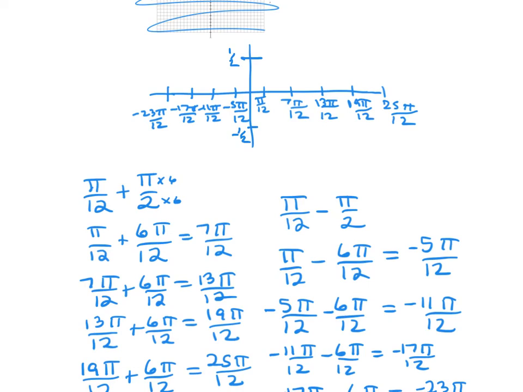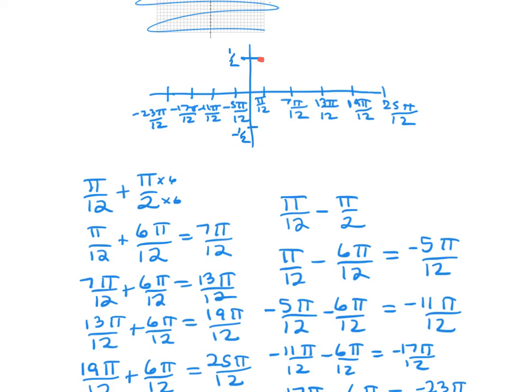This is a cosine graph. Normally it starts on the y-axis at 1, but because I have an amplitude, I'm going to start at the 1/2, and I'm also going to shift it to the right. So my first point is going to be right here above pi over 12 at the 1/2.